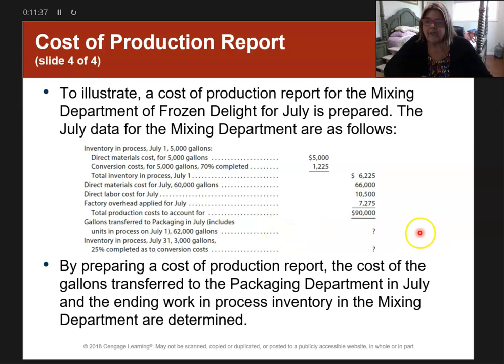Because it's a question mark. And what is the cost of the inventory still in the mixing department? By the way, they are 25% complete. I keep telling you about this because you need to remember that direct materials are always 100% added when the materials come in, but I add the conversion cost, which is labor and factory overhead, as I go along.